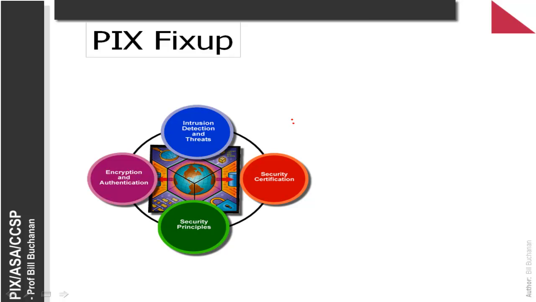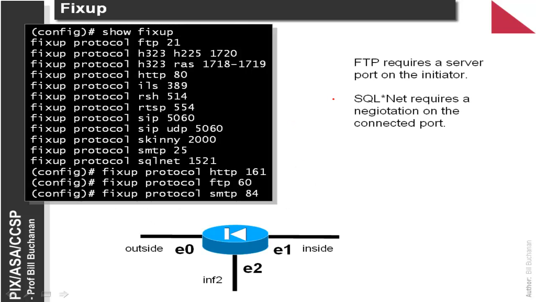A key service on the PIX is called Fixup, and with Fixup, the PIX tries to fix certain protocols. For example, if we use FTP, FTP typically has a negotiation for the ports it uses, and a server port is set up on the client.